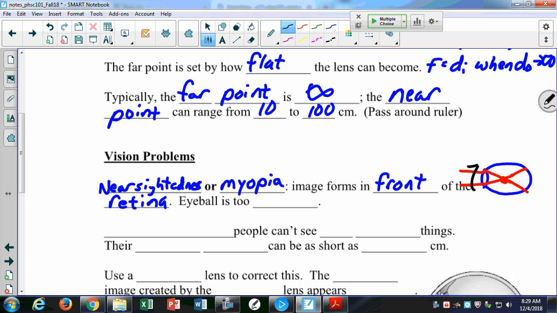I don't know, we do a concave lens. It shifts the focal point. It actually shifts the light out and then allows it to focus back there. So it thins the light out, and then it comes back at the retina. So nearsighted people can't see far away things.